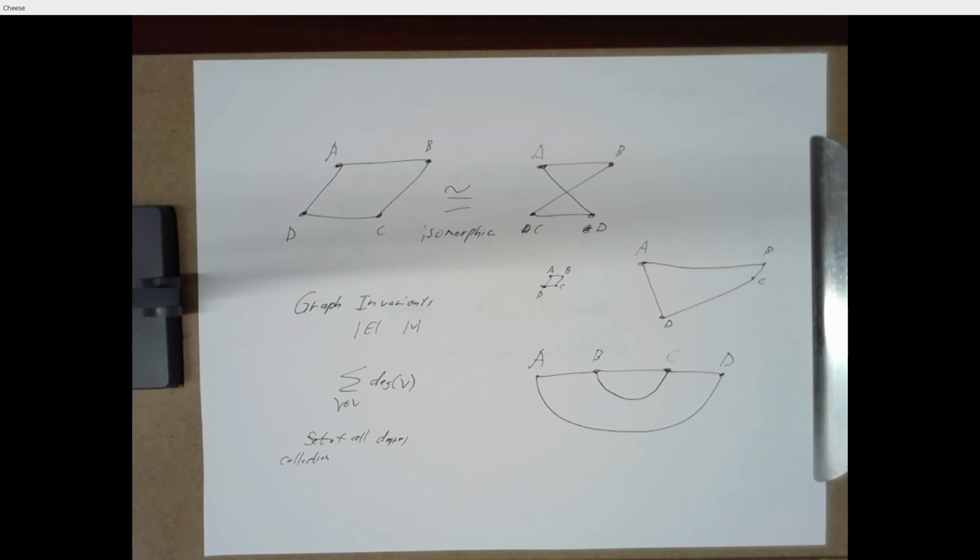So looking at graph invariants, we can immediately tell sometimes if two things are not isomorphic. If they have different numbers of vertices, different sets of degrees, and so on, we can say they're not isomorphic. But if these invariants match up, we still can't say that they're isomorphic. They may or may not be.